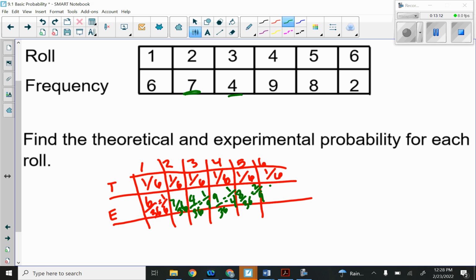And then a 6 2 out of 36 times, which is 1 out of 18, or 1/18. So we have our theoreticals 1/6 every time, but our experimental, it depended on the dice roll. It wasn't always the same. So that is theoretical versus experimental.